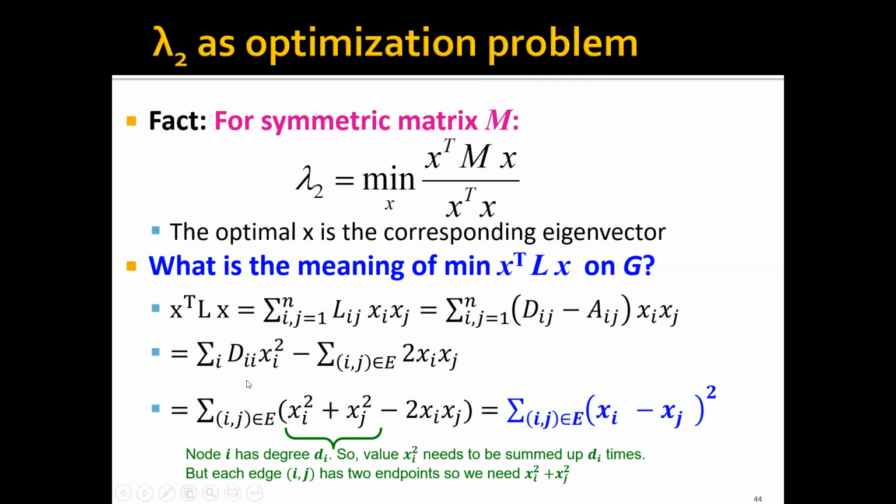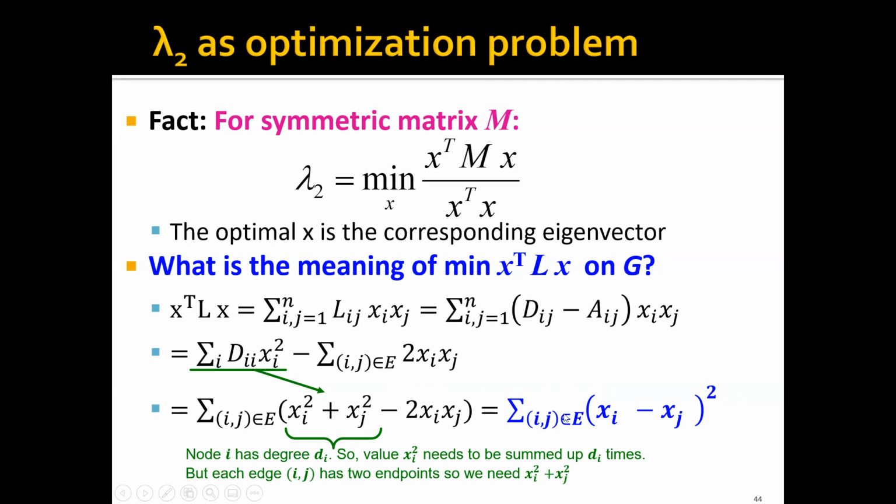This large term will be split into xi squared and xj squared inside the sum. And by completing the square, this whole objective function x transpose L x is equal to the sum over (xi minus xj) squared, summed over all the edges.